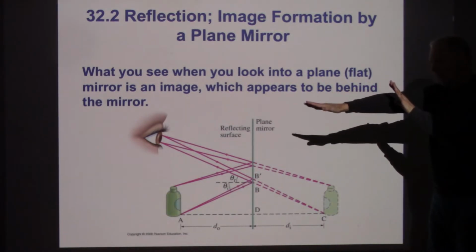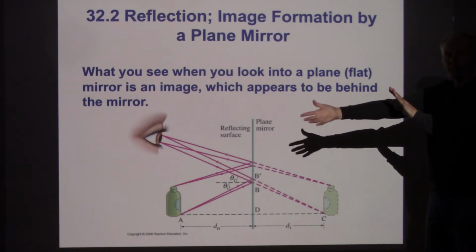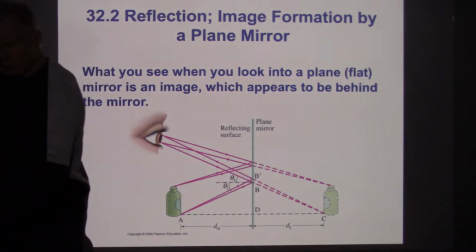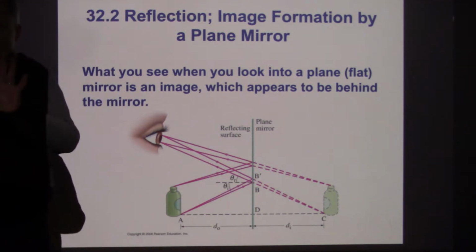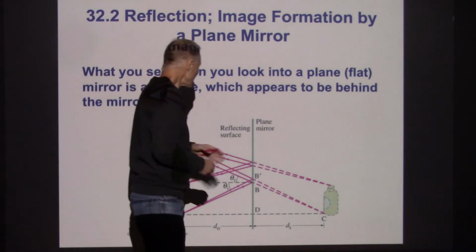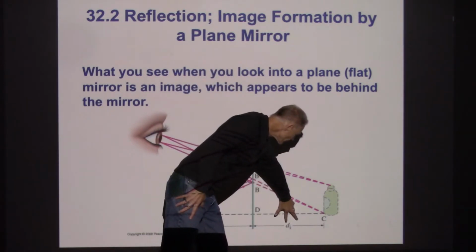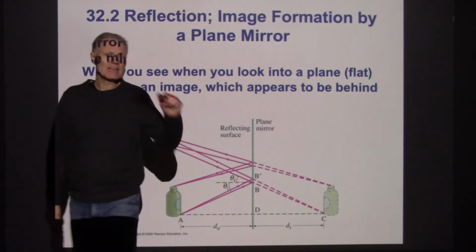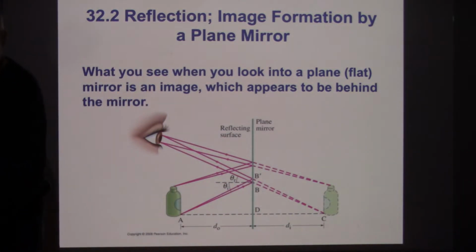The images are back behind the mirror, or appear to be, and the light isn't really coming from that location. Now, as long as we got this picture here, the way we keep track of this mathematically is we say that the DI is negative. The DI is over on the opposite side of the mirror.